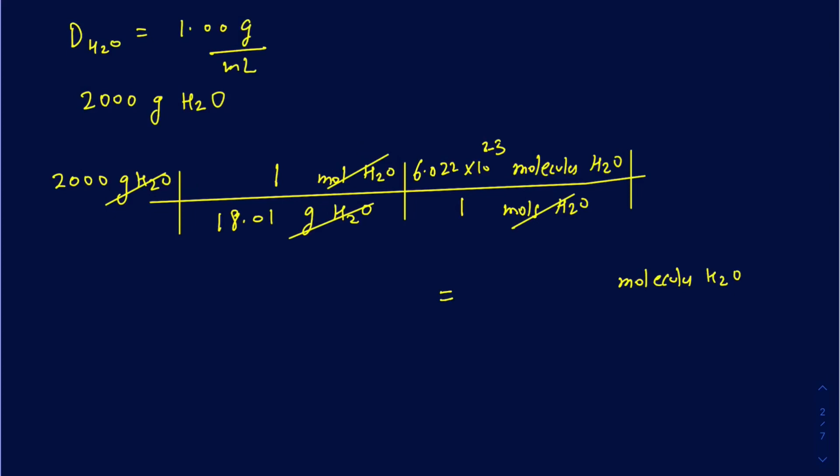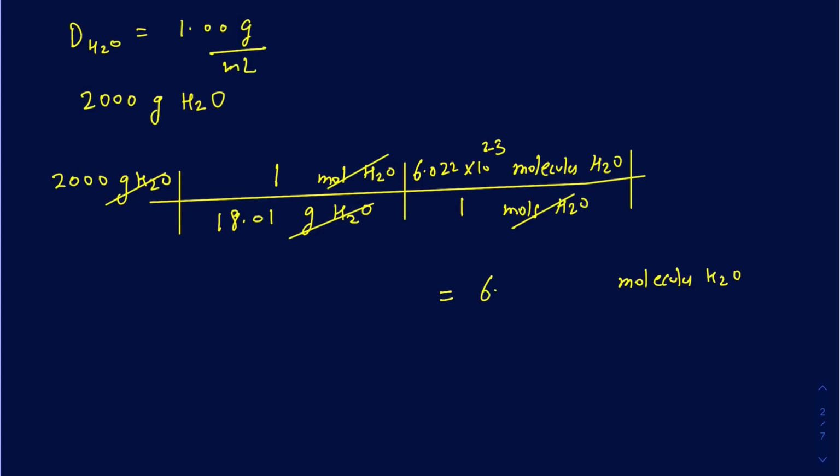And now all I really have to do is put this in the calculator. We have 2000 times 6.022 times 10 to the power 23, and obviously divide all that by 18.01. If you have a multiple choice question, then you can always estimate by doing rough calculations.